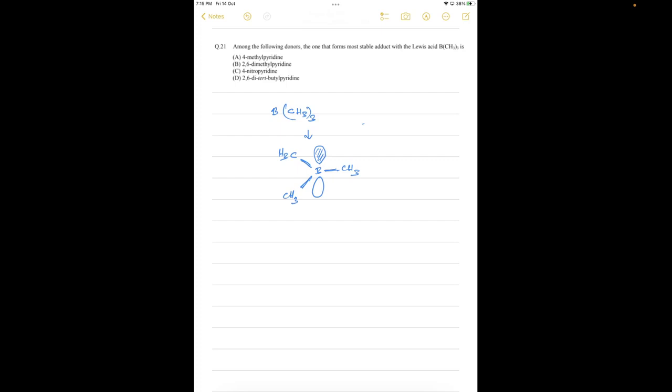So trimethyl borate acts as a Lewis acid, so it can accept electrons from any Lewis base. These four options, 4-methylpyridine, 2,6-dimethylpyridine, 4-nitropyridine, and 2,6-ditertiary butylpyridine, act as Lewis base.